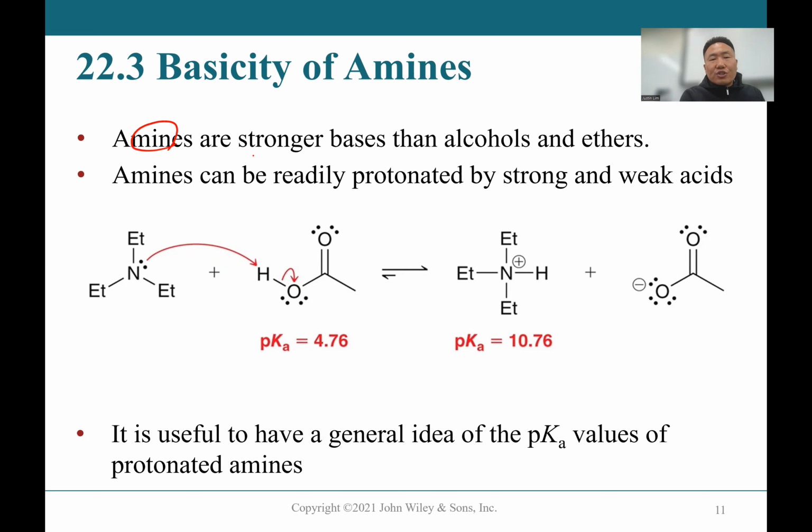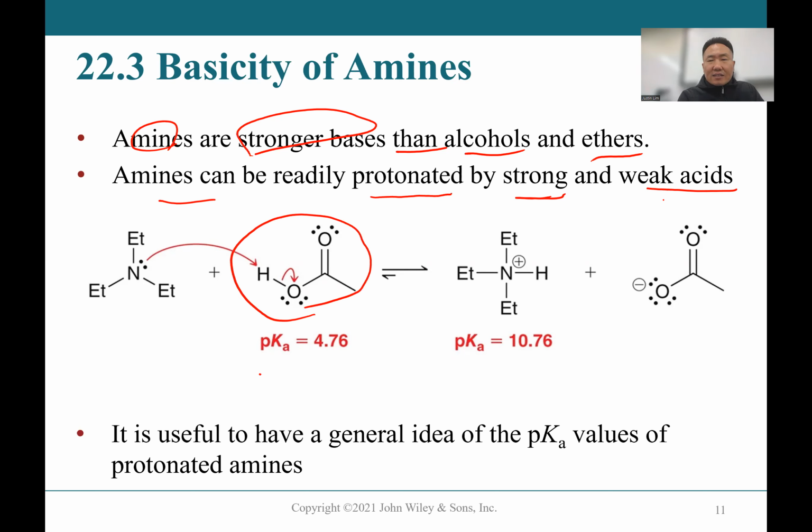Amines are stronger bases than alcohols and ethers. Amines can be readily protonated by strong and weak acids. For example, this is acetic acid, a weak acid. The pKa of acetic acid is 4.76.